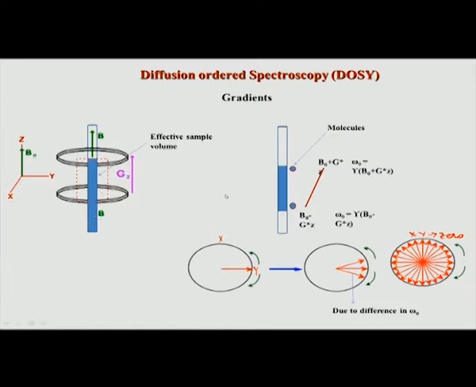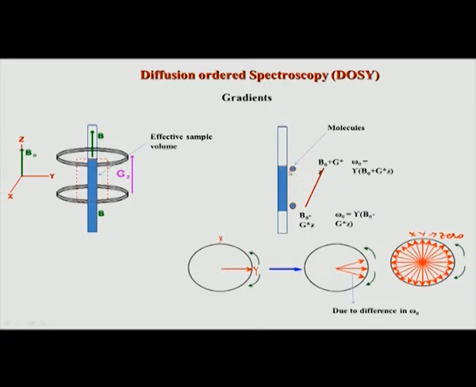Now imagine that you have a sample like this, and this is what is called the effective RF coil volume, the effective volume of the sample, because this is the volume which is seen by the RF coil. There will be sample above and below which is not available to the RF coil and the gradients. So, our focus will be only on this portion, which is typically 2 centimeters, 20 millimeters or 18 millimeters long.